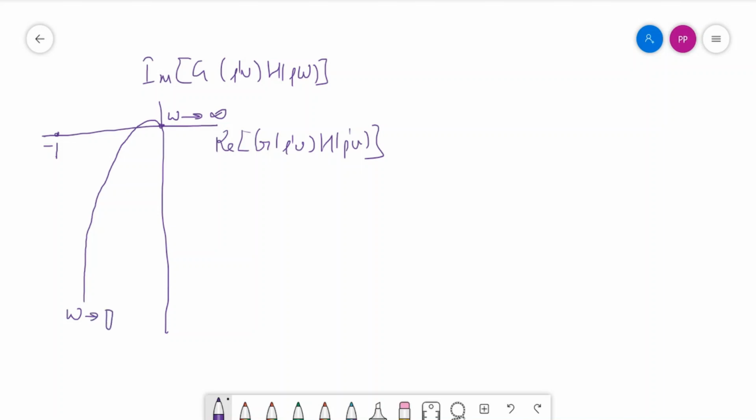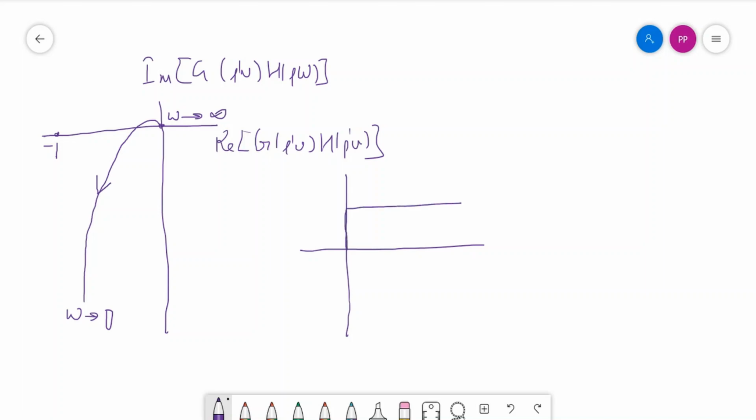So when in time domain we move, the movement is like this. I place here the time domain response of the system for a step input, maybe like this.